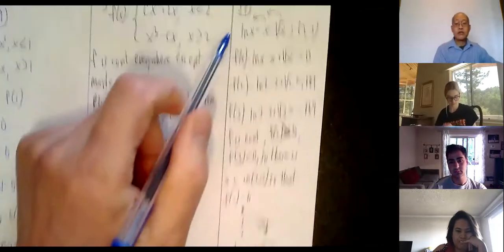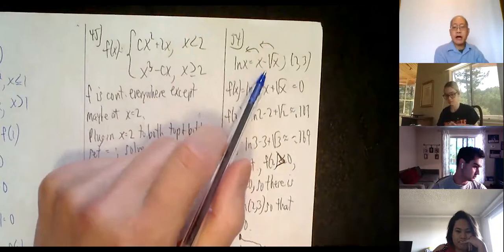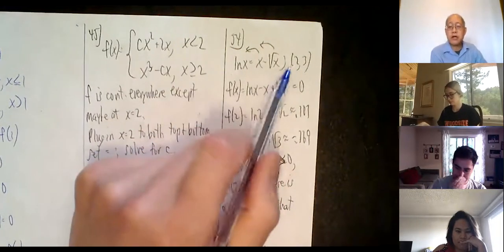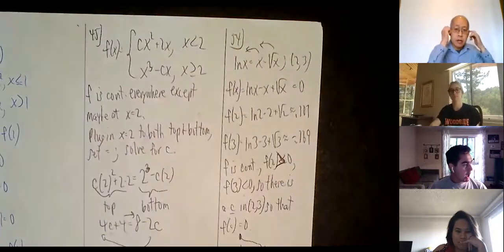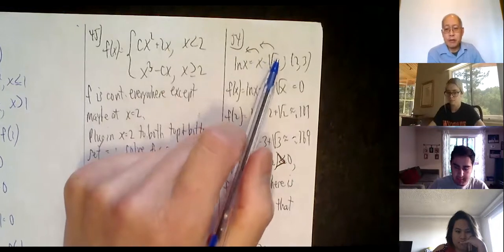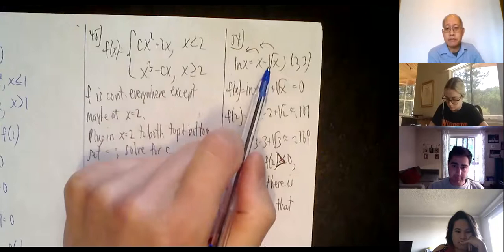So here is 54. It's that ln x equals x minus radical x between 2 and 3. There's a solution somewhere between 2 and 3 is what they're saying. Okay. Now, what you have to do is have a 0 on either the left side or the right side. So I subtracted x and I added root x.